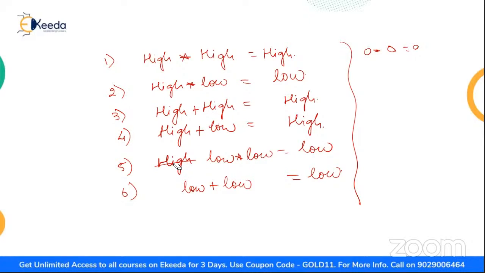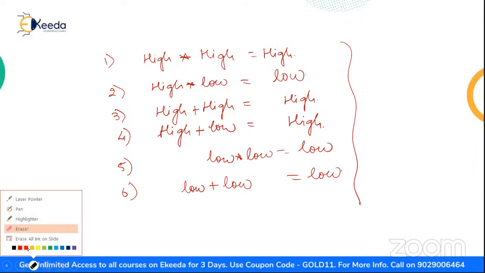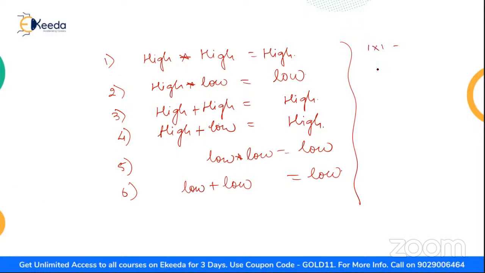So this is: 1 into 1 is 1, 1 dot 0 is 0, 1 plus 1 is 1, 1 plus 0 is 1, 0 into 0 is 0, 0 plus 0 is 0. So this is the crux of which laws?